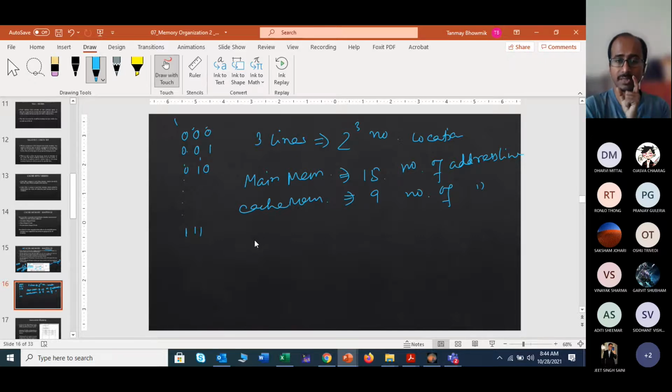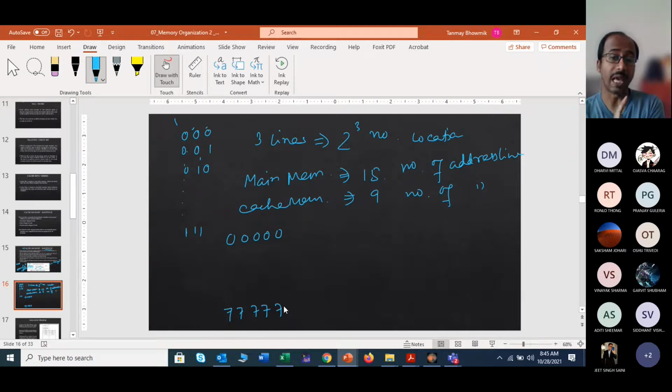Octal form means to represent these 15 address lines, how many digits do you have to write? It is only 5. So those 5 will vary from 00000 to 77777.